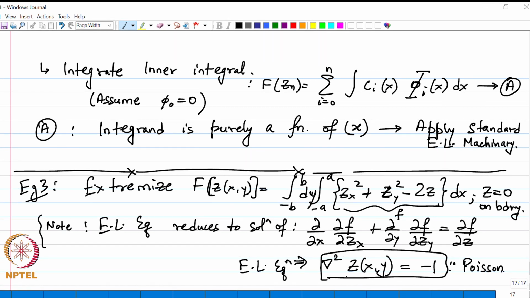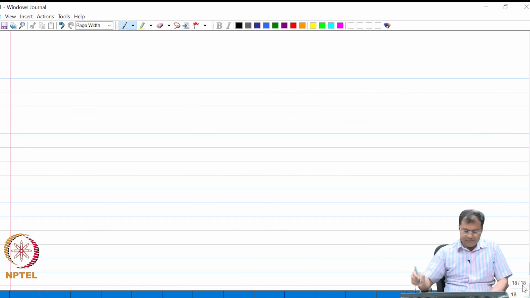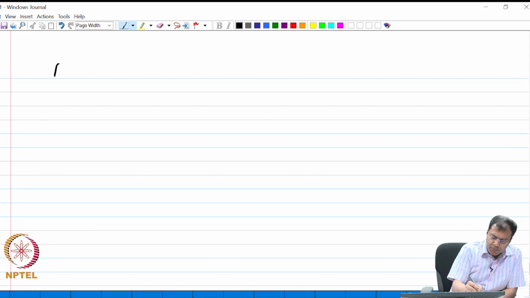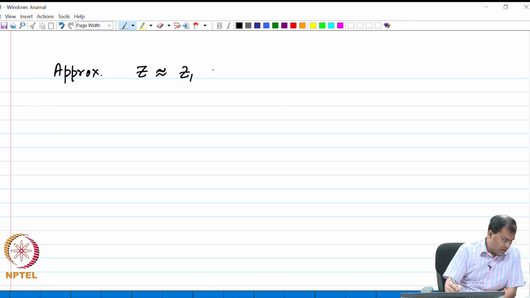Now we are going to solve via Kantorovich's method. Students can definitely solve this Poisson equation subject to the zero boundary condition, but we are going to highlight the solution via Kantorovich's method. Let me approximate z by z1, which is equal to c1 of x times b square minus y square.